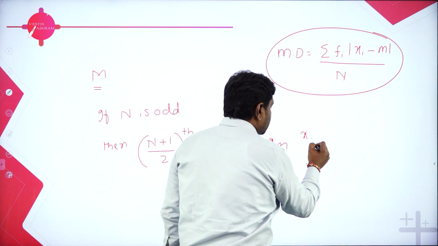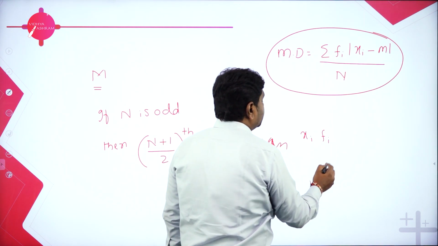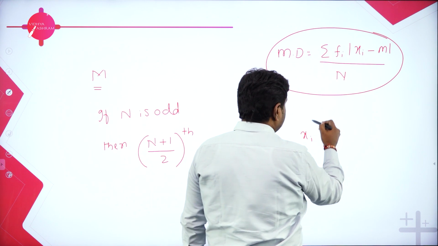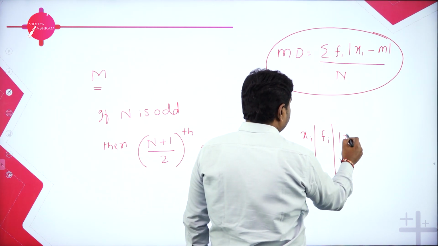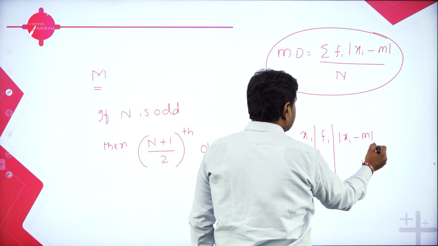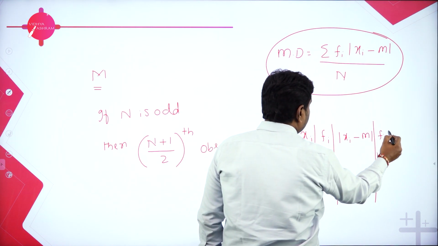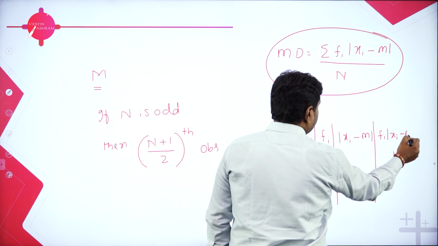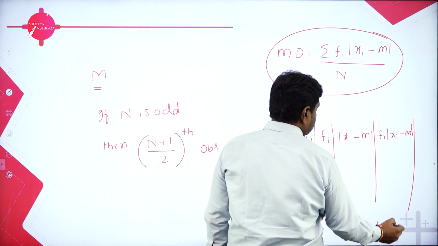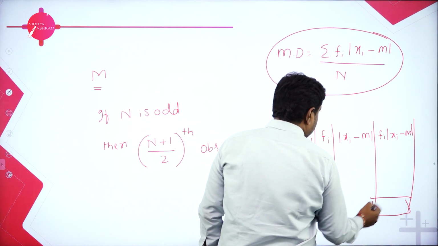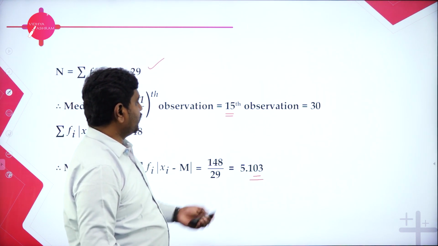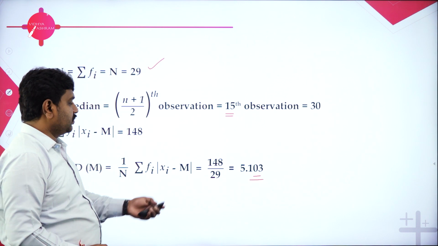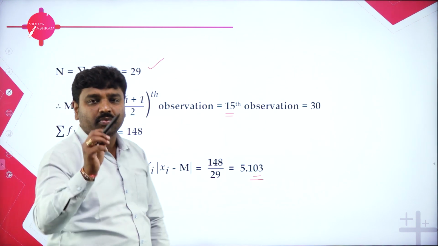The table contains xi, then fi, then modulus of xi minus median, then fi into modulus of xi minus m. Then you will add this, and here you will add this to get N. So that's what we have done here to get all the values. And for this, mean deviation is what?